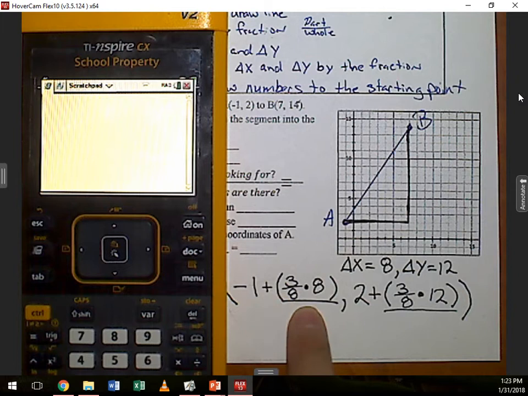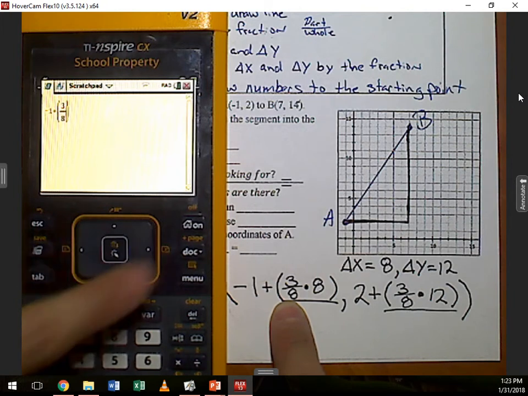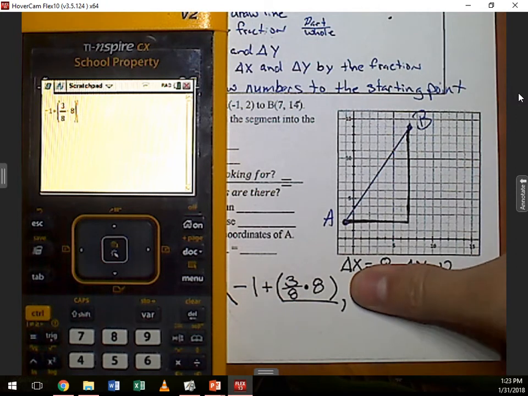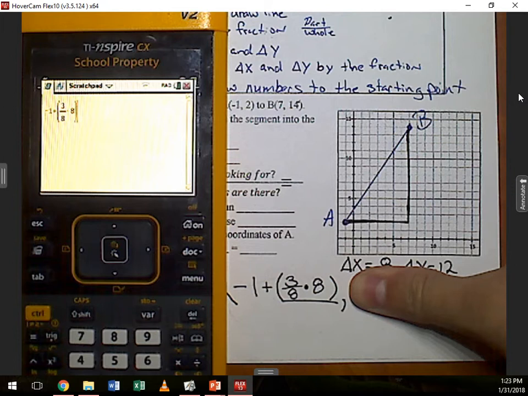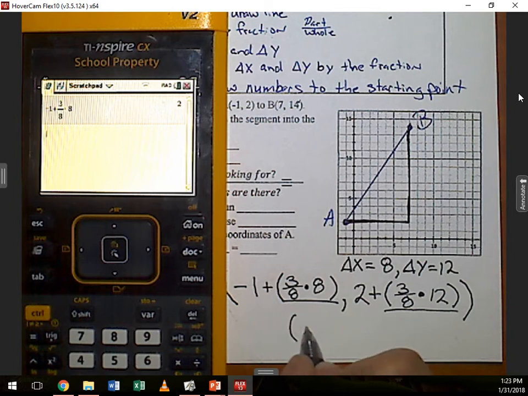So it's going to be -1 plus parentheses 3 over 8 times 8, close. We're just doing the x value. Hit enter. My number's 2. So my x value here is 2, comma.